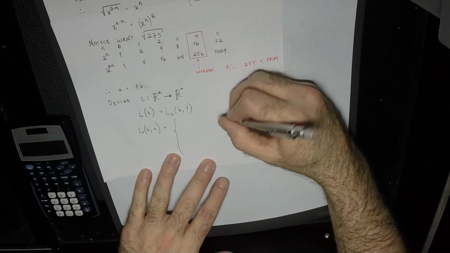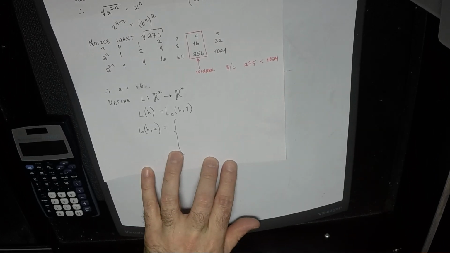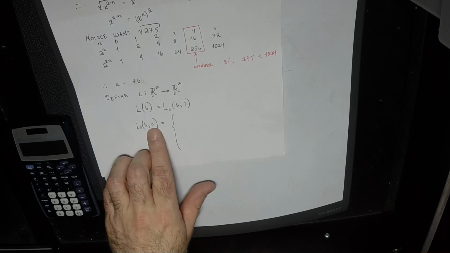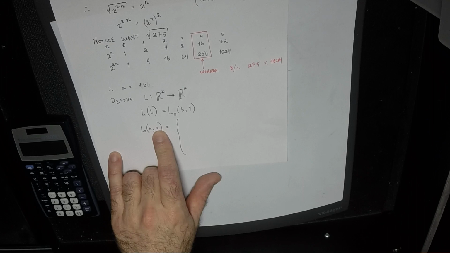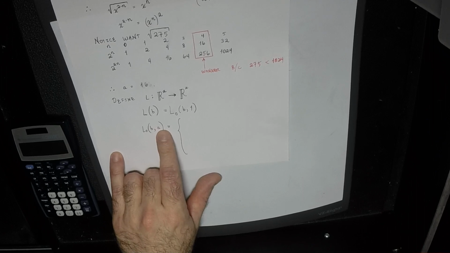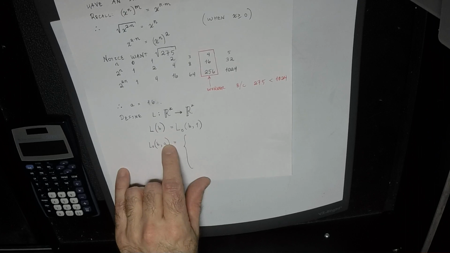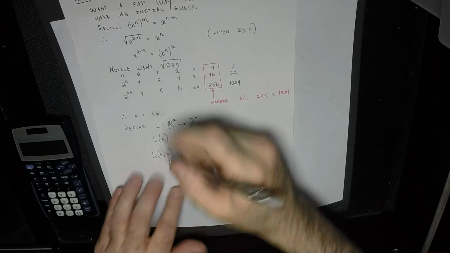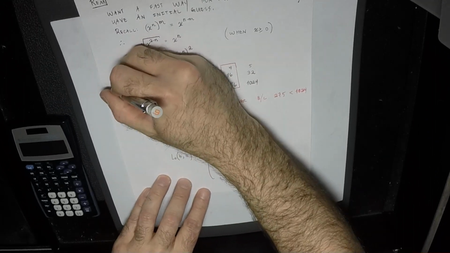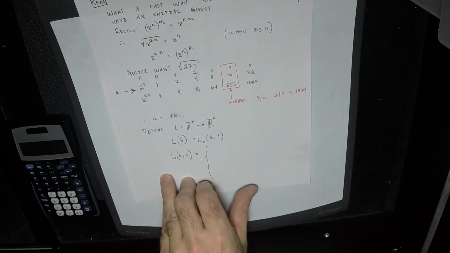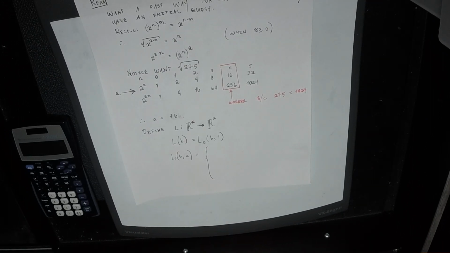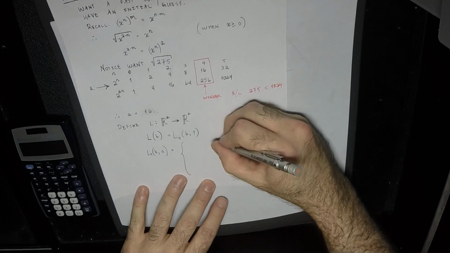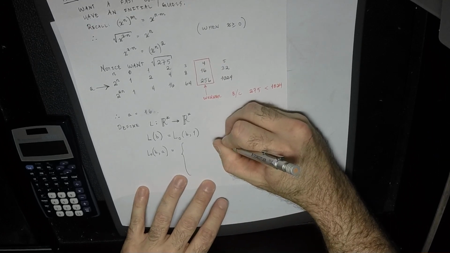How do we tell when we've gone over? When 2 to that number is greater. This right here, that A is this row. So it's when A squared.